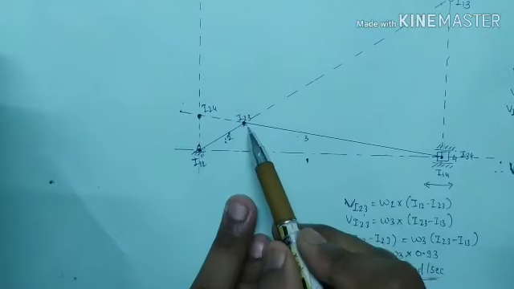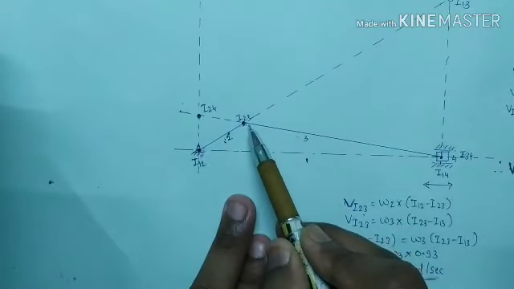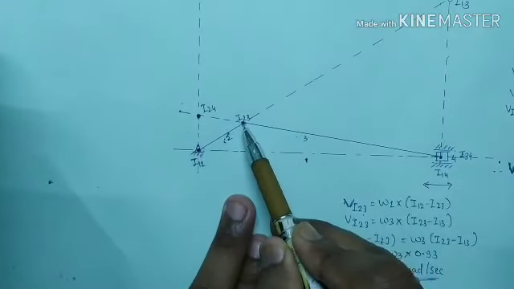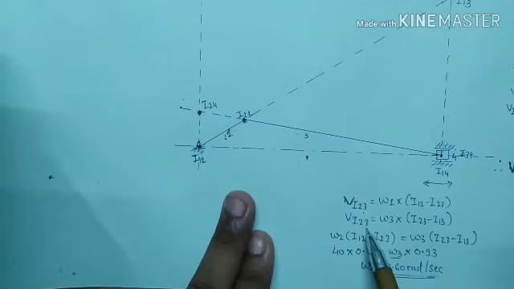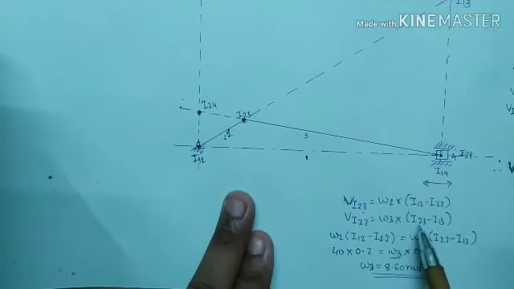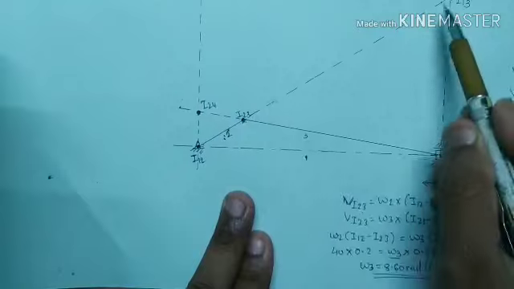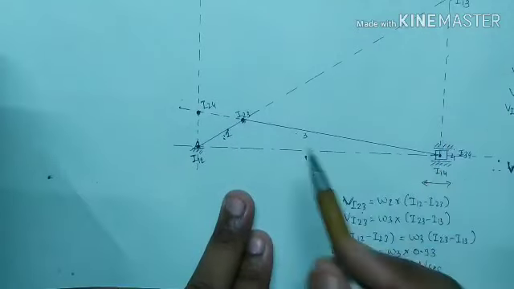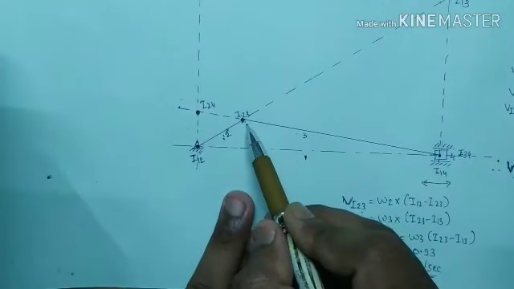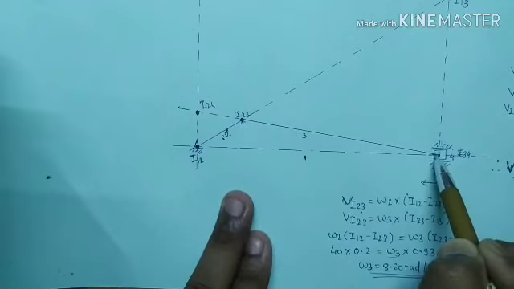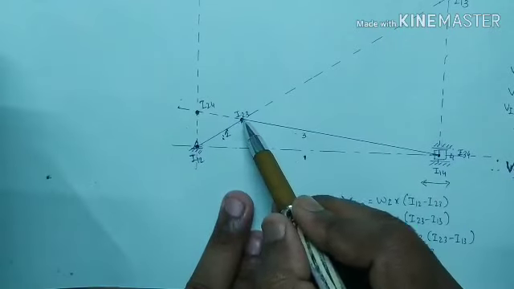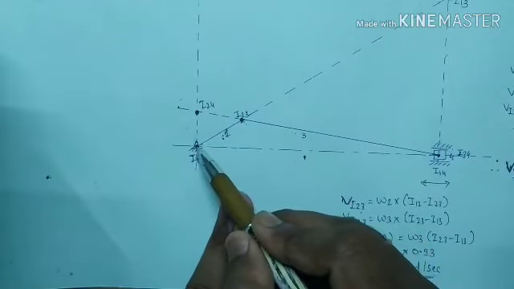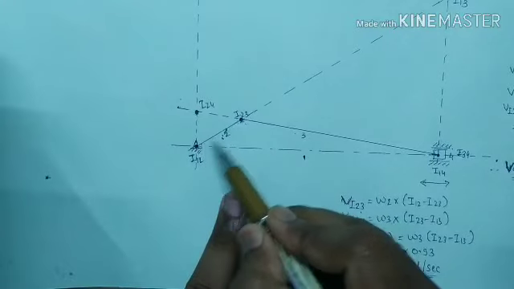When we consider link 3, the velocity of I23 will be omega 3 into this distance to the IC, because, as we have already discussed, there is no fixed connecting point there, whereas within the crank the fixed point is there.